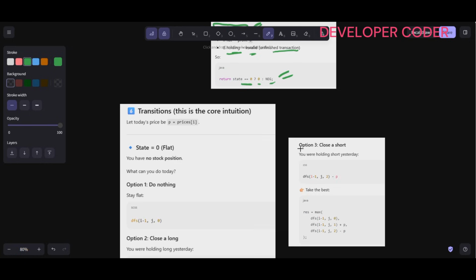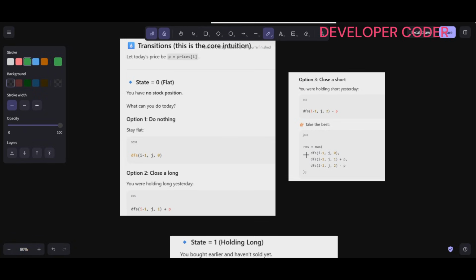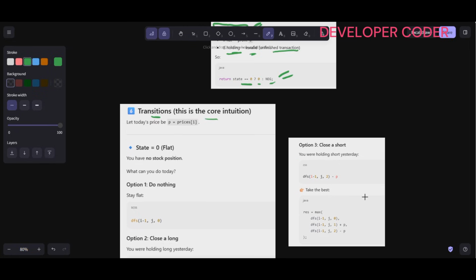Now these things are actually important: how we are going to do the transitions. So here, you have something like dfs of n minus 1, k and 0.